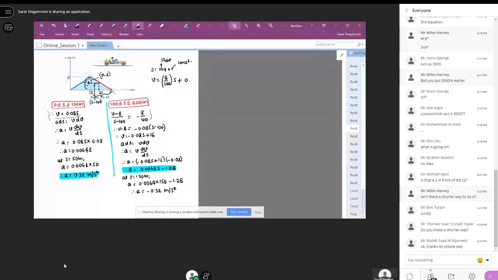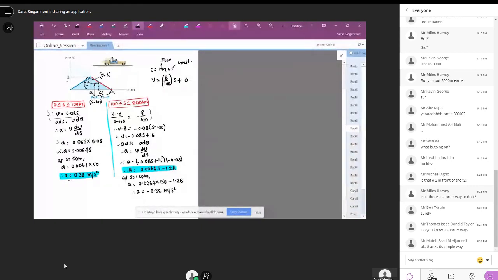Once you write the equations, if velocity is given as a function of displacement, we use A dS equal to V dV to get acceleration as a function of displacement, and substitute s equal to 50 to get the acceleration. Similarly here, A dS equal to V dV gives you acceleration as a function of displacement.